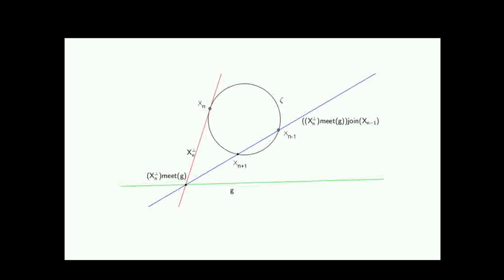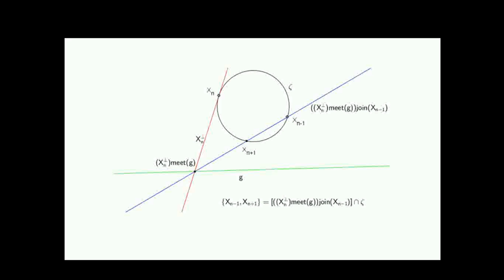And then we have a name for this blue line here, because this blue line is just joining this ground line point with this point xn minus 1. And we see that these 2 points, xn minus 1 and more importantly xn plus 1, are just the 2 points where this line intersects with the circle.